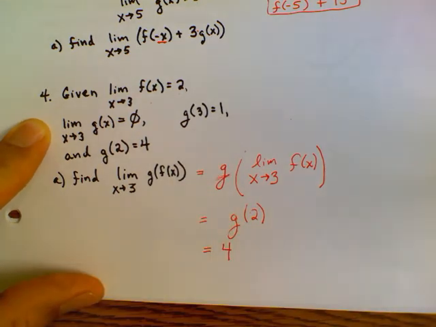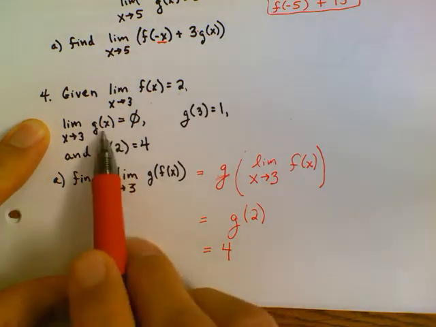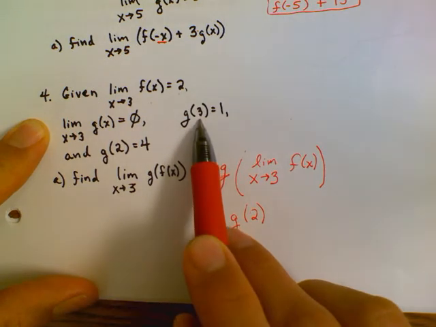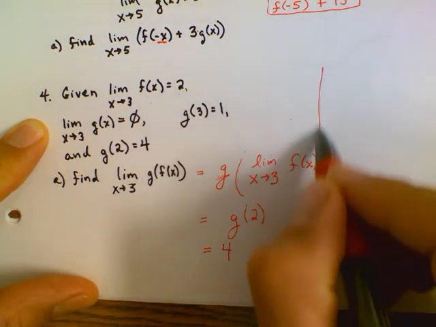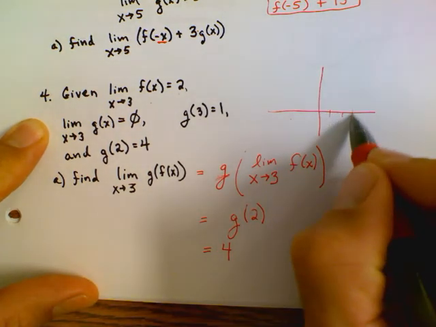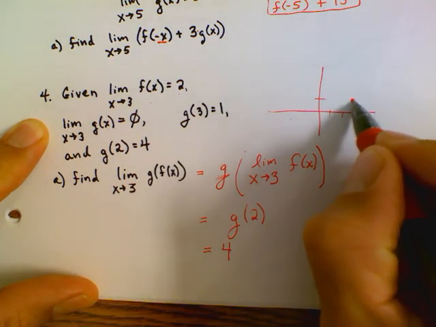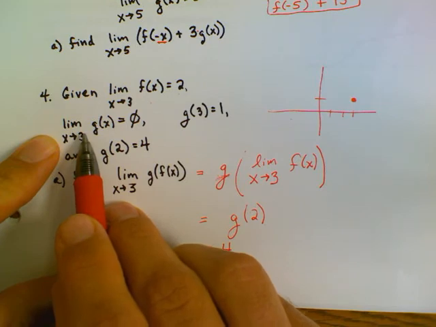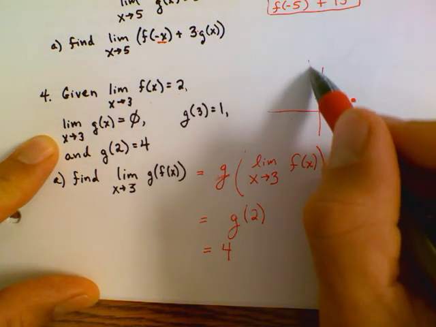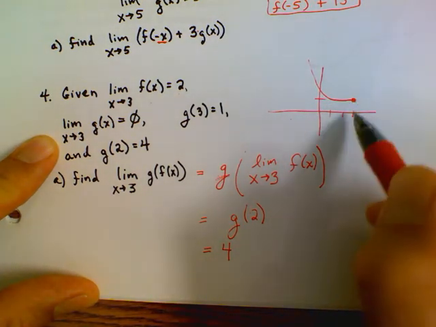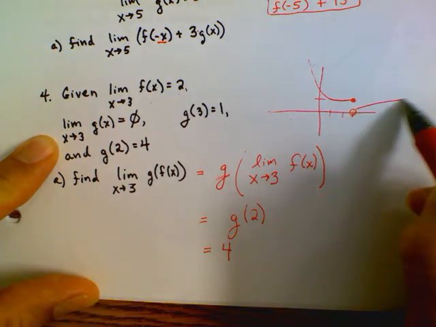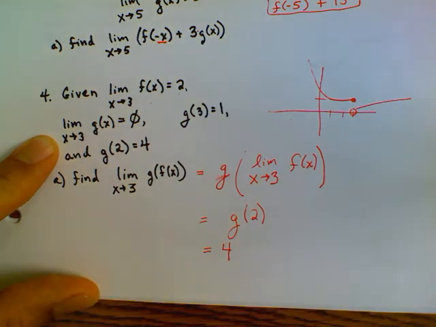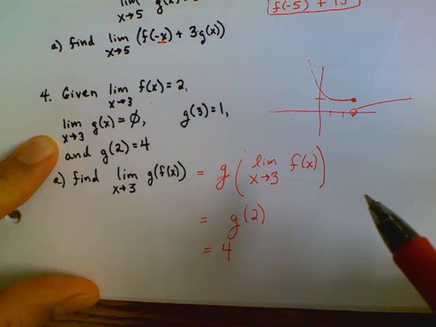I'm not so sure. G of 3 is 1, but it's saying that the limit doesn't exist. So if the limit doesn't exist, then that means that it could be like this, and then an open dot. Okay, and in that case, it's not continuous.